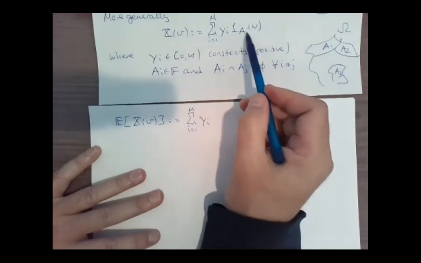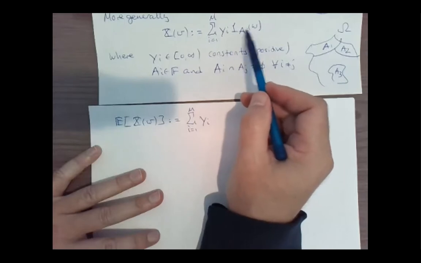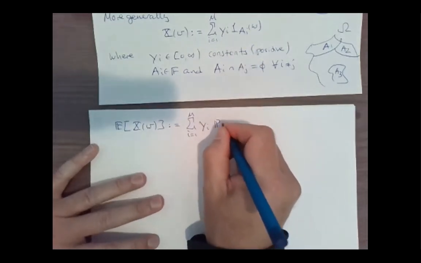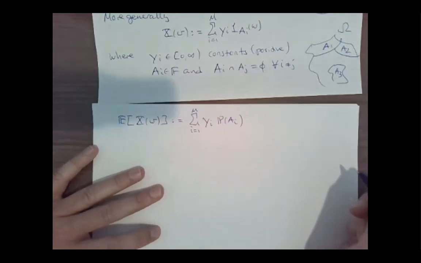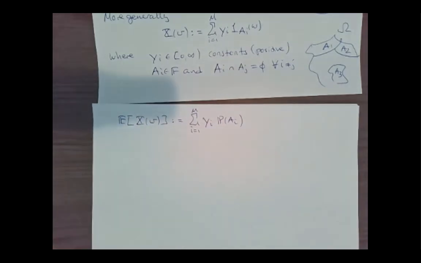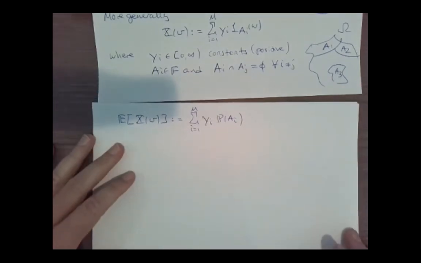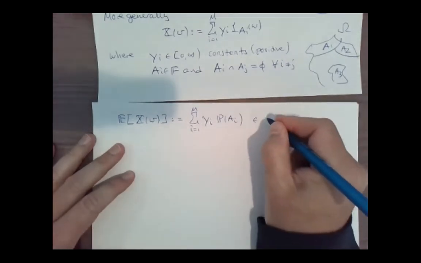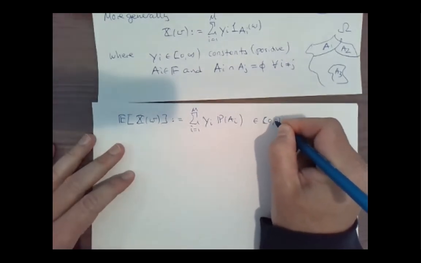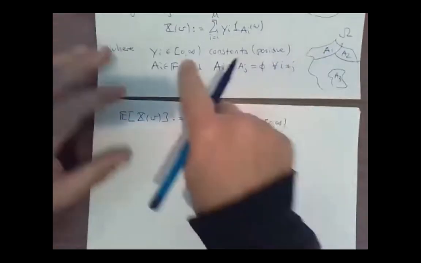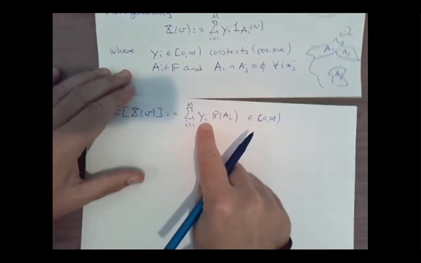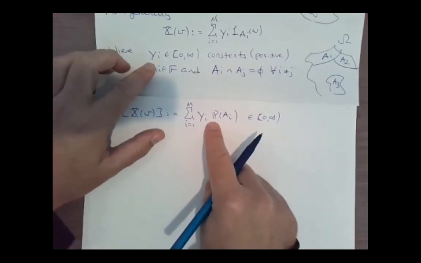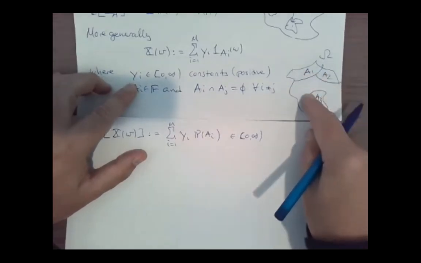And then I'll use that the expectation of an indicator is exactly the probability of the set. So this is going to give me a number between 0 and infinity, because the y_i's are all positive. I'm going to get the sum of these y_i's, and then they're going to get weighed with the size of these sets A_i that I have.